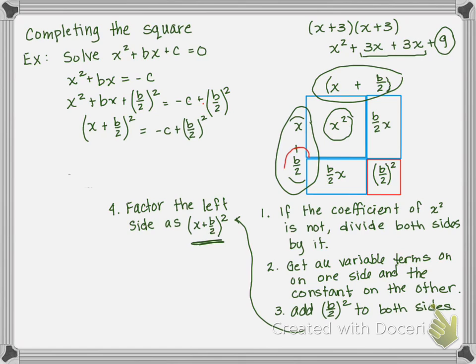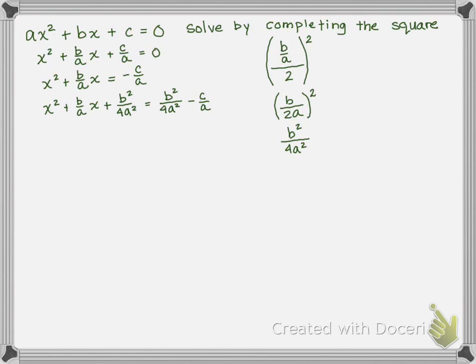So it's always that coefficient of x divided by 2, because that's what we wanted to be like the width of those rectangles. So in this case, we factor into x plus b over 2a squared.